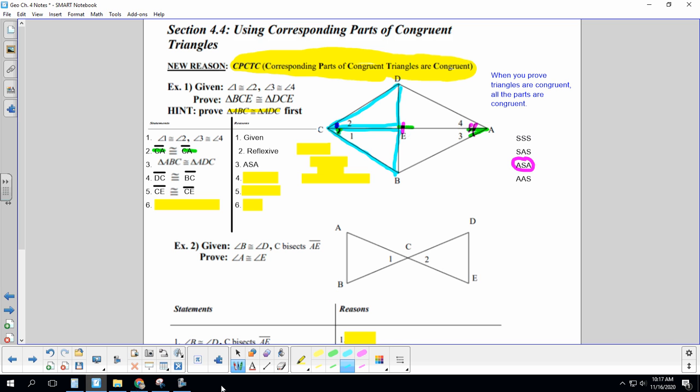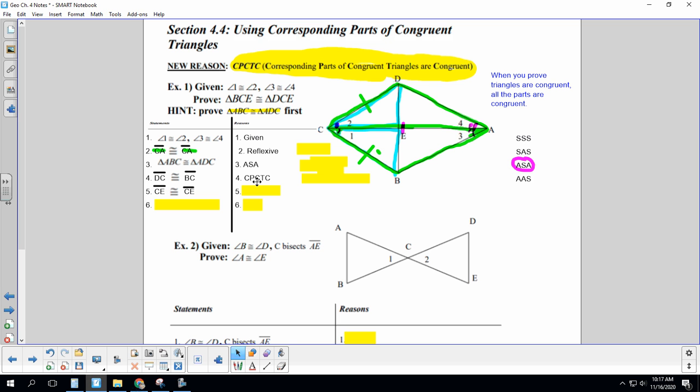Okay, so we're going to say that DC is congruent to BC because in the big triangles, they're corresponding parts. They match up in these big triangles. So if I've proven that the triangles are congruent, then these sides are the congruent matching sides. So DC is congruent to BC because corresponding parts of congruent triangles are congruent.